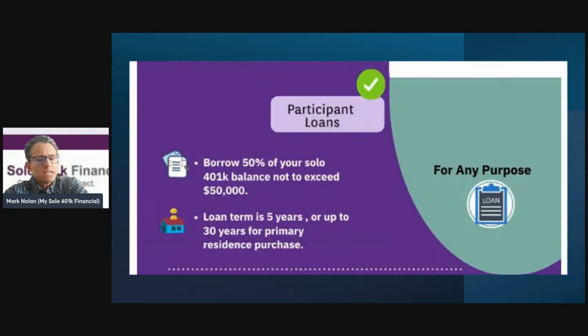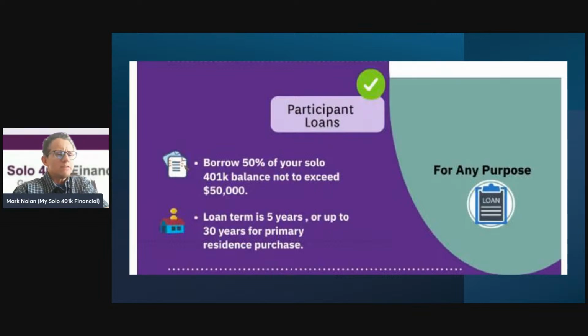You can borrow 50% of your self-directed 401k balance not to exceed $50,000. So in order to borrow the full $50,000, you're going to need a self-directed 401k with a value of at least $100,000. If it's valued at $60,000 instead, then you can only borrow $30,000. So the maximum is $50,000, but it's 50% of your total balance not to exceed $50,000.